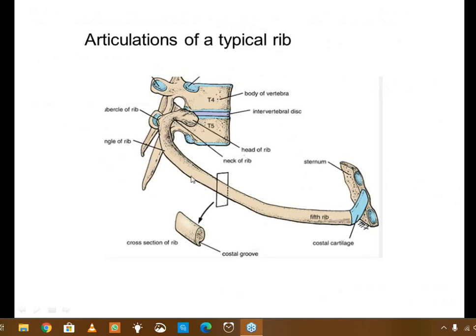The posterior end of the rib articulates with the numerically corresponding vertebra, on the upper demifacet, and its tubercle articulates with the transverse process. The upper part of the head articulates with the side of the body of the vertebra above.